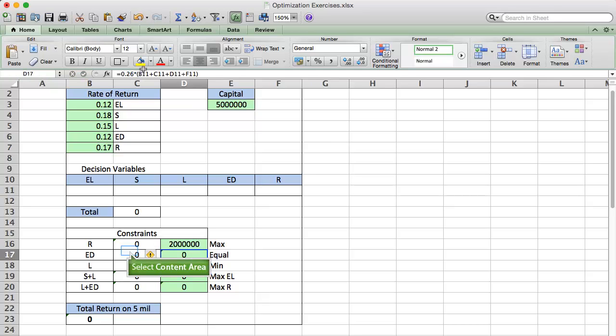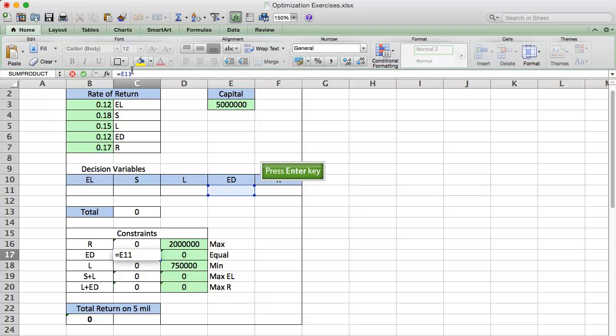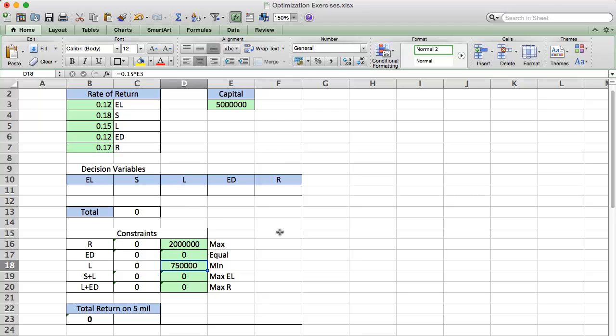We were also given that education, or E11, the amount that we invest there should be equal to 26% of the other 4 areas. So 0.26 times the capital to electronics, software, logistics, and retail is going to be the constraint for how much goes to the market area education. 15% of the total capital is the minimum that we want in logistics.